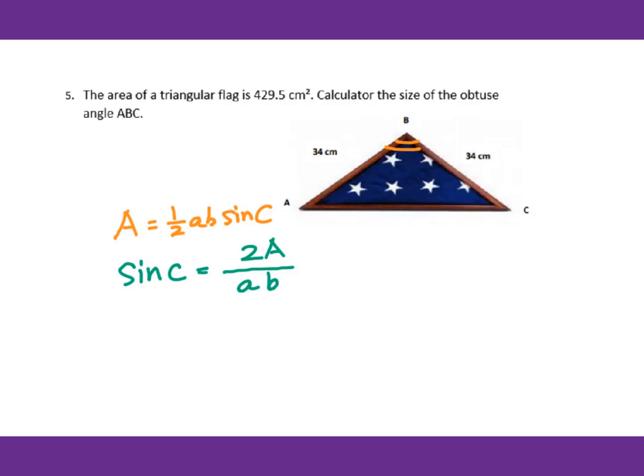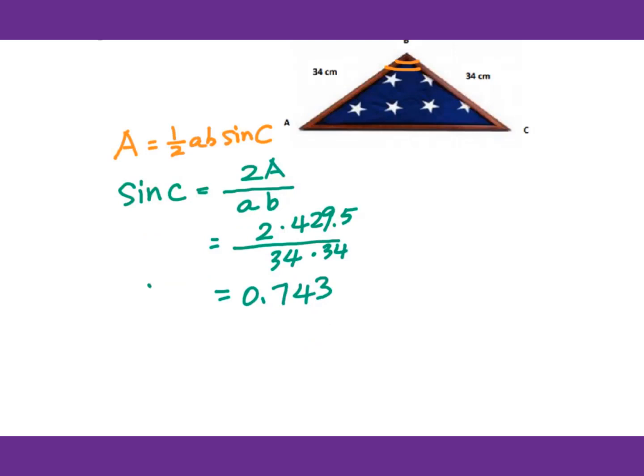Therefore, we plug in. You will get 2 times 429.5 over 34 times 34. You will get sine C equals 0.743.